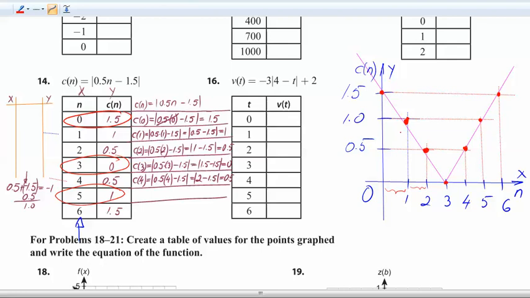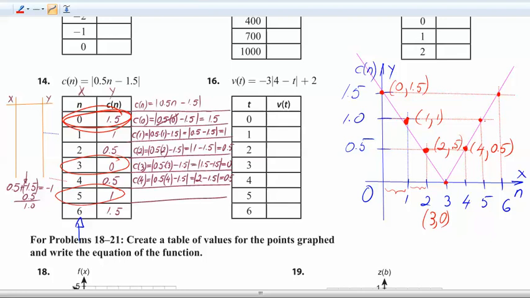And eventually, you may say, I'm plotting first pair 0 and 1.5, and you can put it here 0, 1.5. Right? The next one 1 and 1. The next one 2 and 0.5. Right? The next one here, that's 3 and 0. The next one 4 and 0.5.